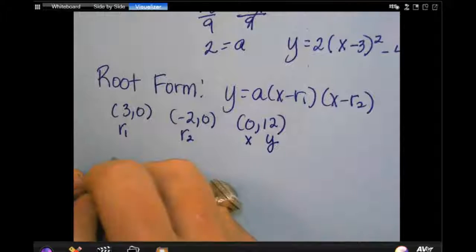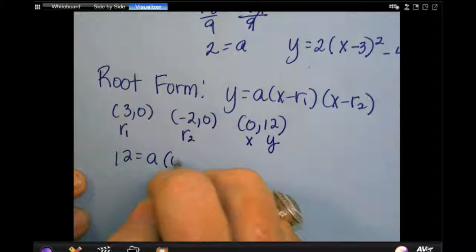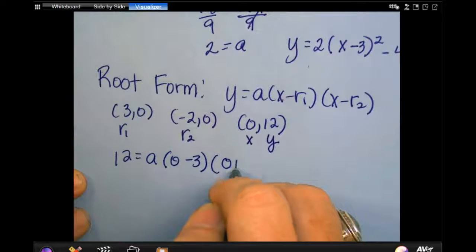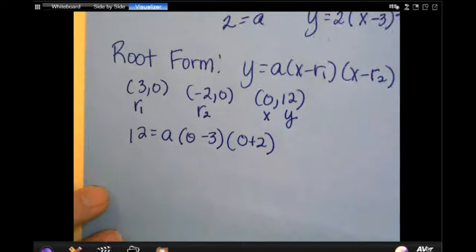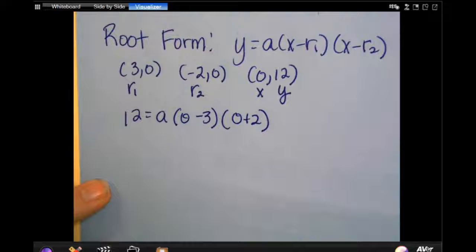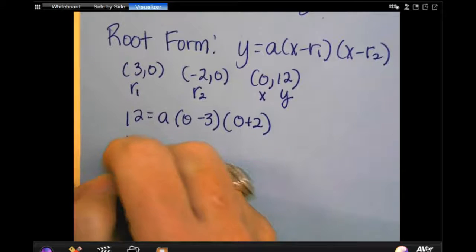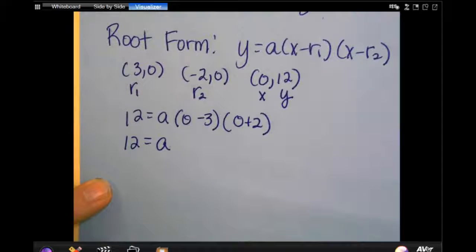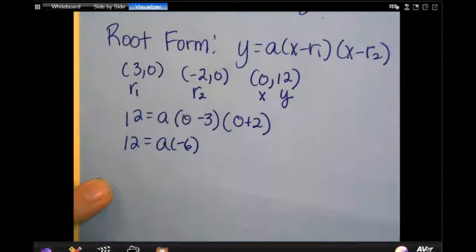So I'm going to have 12 equals a times 0 minus 3 and 0 plus 2. So I have 12 equals a times negative 3 times 2, which is a negative 6.